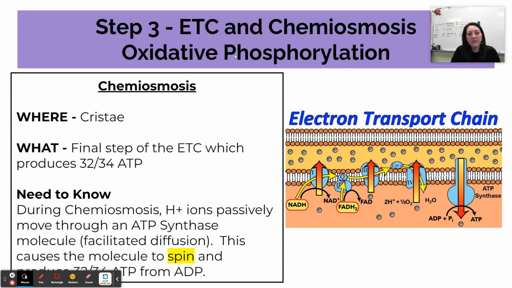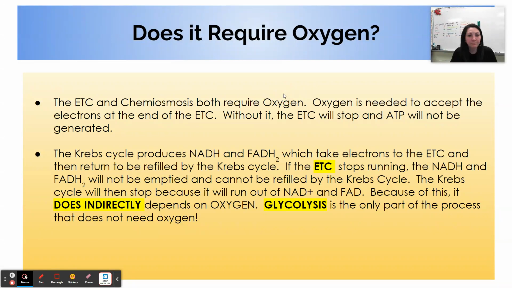So overall, the name can be called oxidative phosphorylation because with oxygen getting those electrons off of the ETC, we can add a phosphate to ADP. That's what phosphorylation is, to make ATP. And that is the final step of cellular respiration.